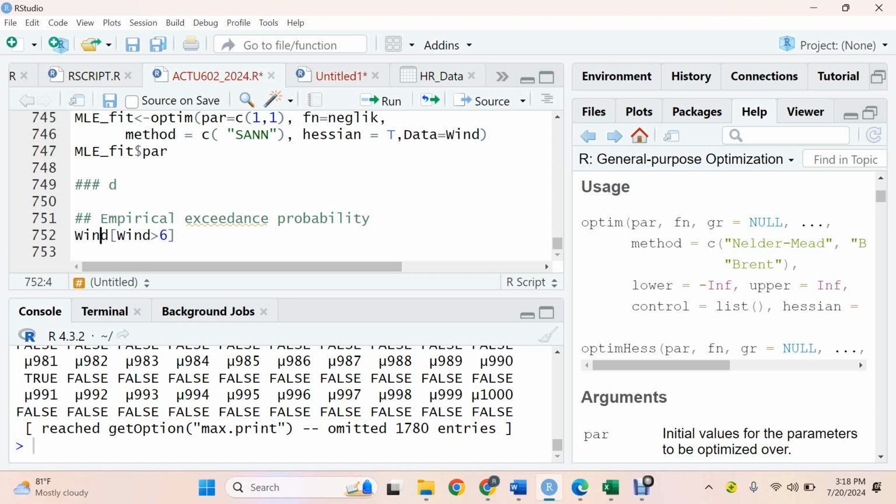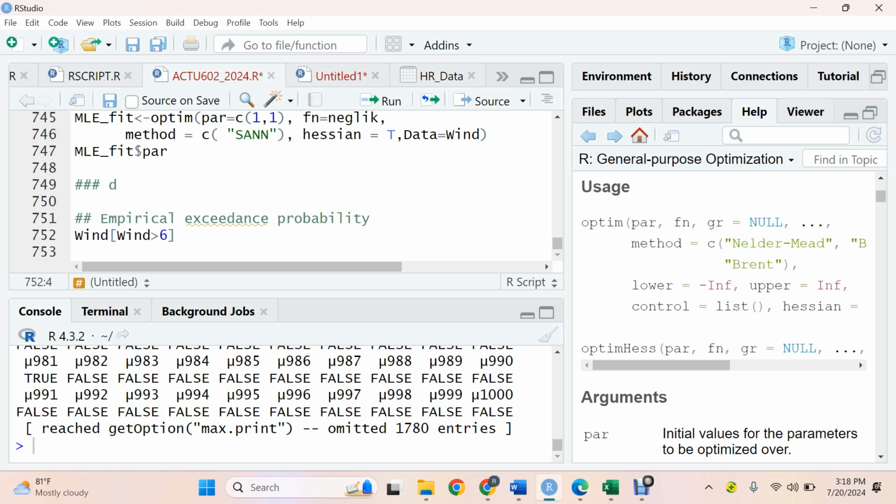Okay, what will happen? If I run this code, what do you expect? What number? Yes. So the inner one gave me true or false.